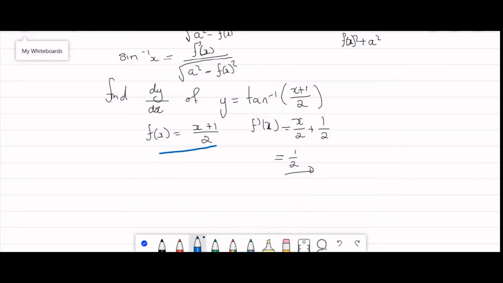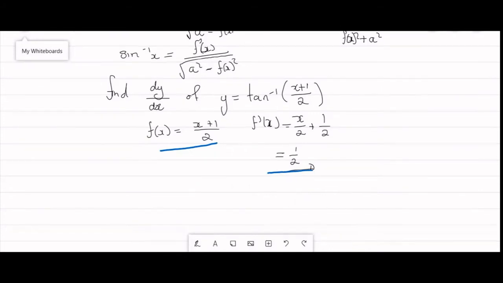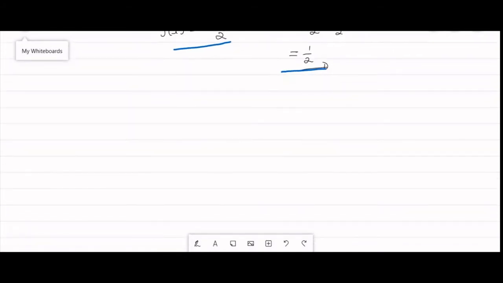Since we have identified our f at x and our f prime, we can go to our equation and substitute what we have.